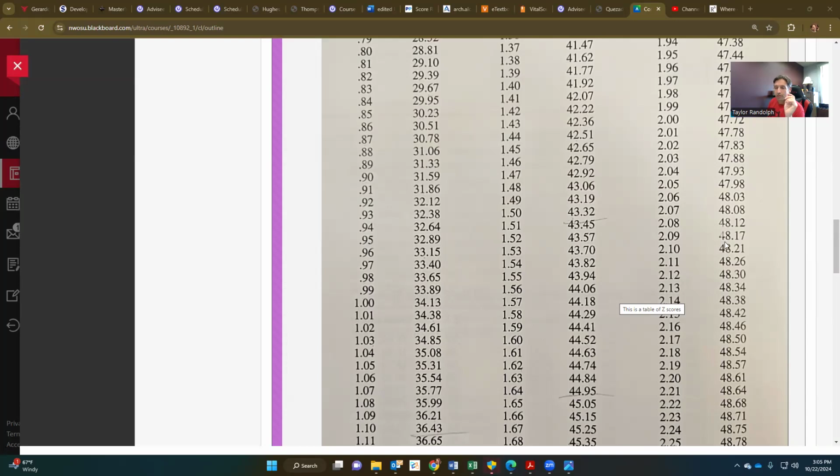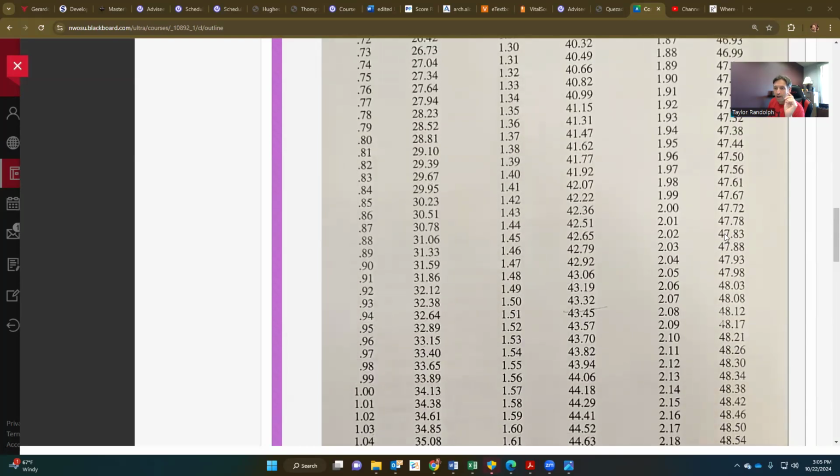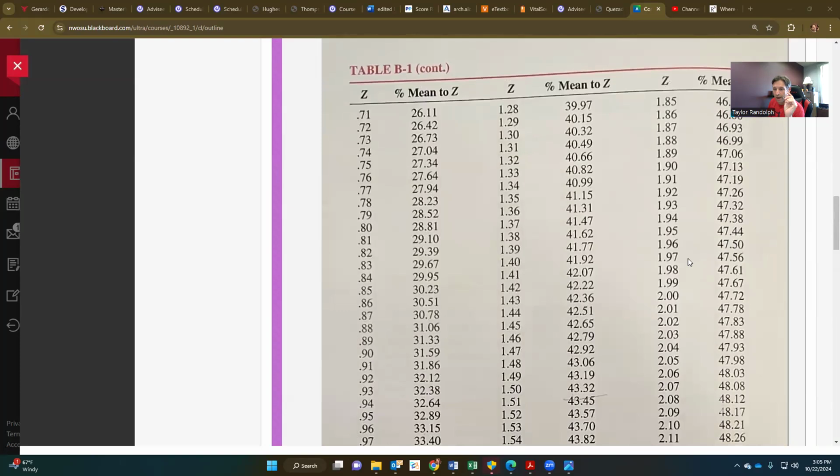So if I'm looking for 2.5%, I want 47.5. So then my z-score is almost 2. So it's basically 2 standard deviations, and it's 1.96. 2 standard deviations leaves me roughly 2.3%, 2.28%, in either tail.